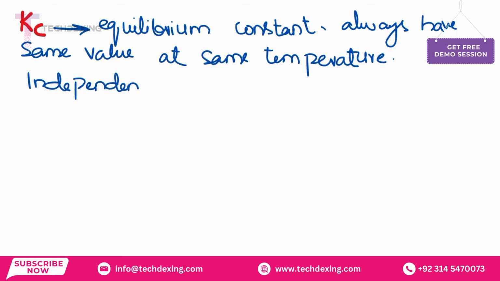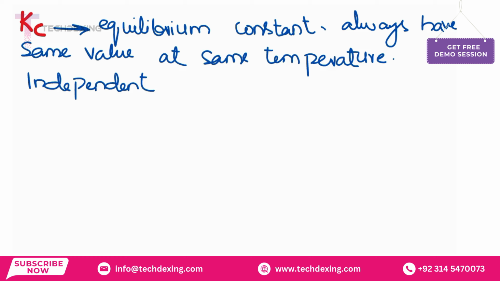The reason is that if you are changing the molar concentrations, the value of the product would also change in the same way, right? So if you use a little amount of the hydrogen and iodine, you would get a little amount of the product HI. But when you take the ratio, it would always remain the same. Got it?